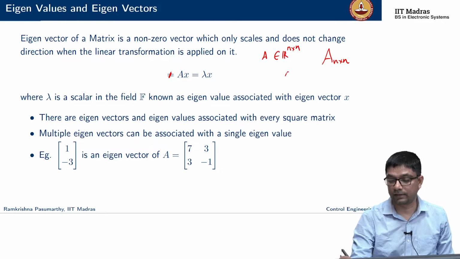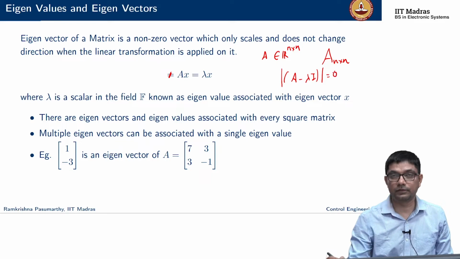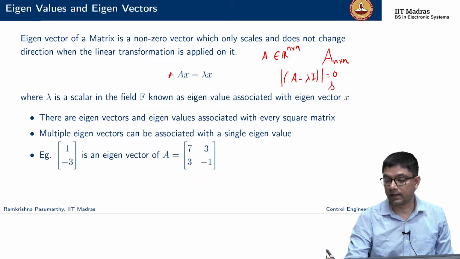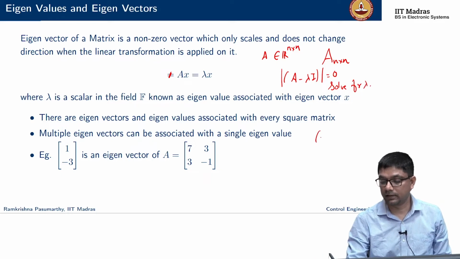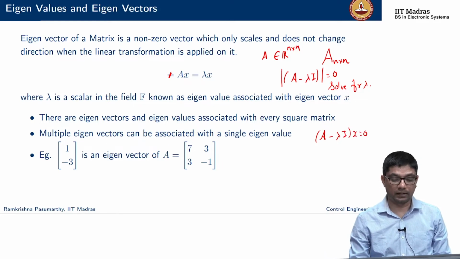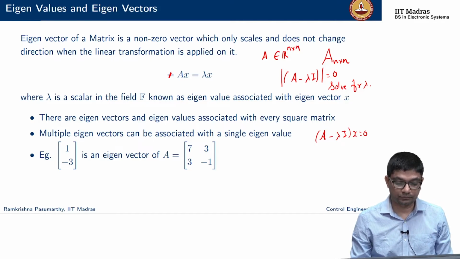We all know that we can write A minus lambda I, take the determinant of this, set it equal to 0, solve for lambda, and then we get the eigenvalues. And similarly, A minus lambda I times x equal to 0 will give me the eigenvectors.